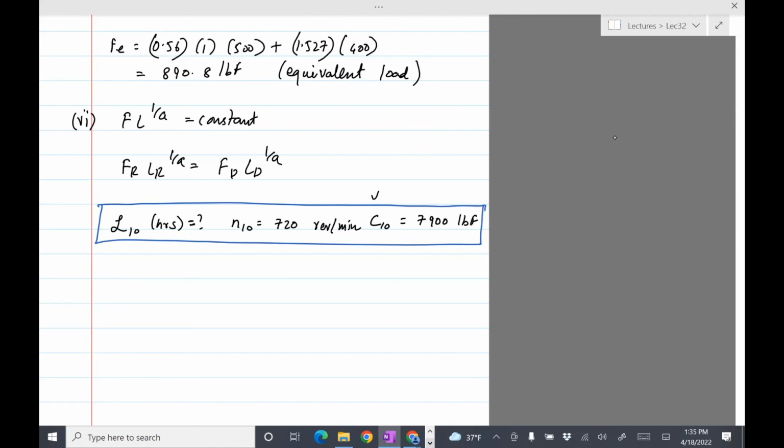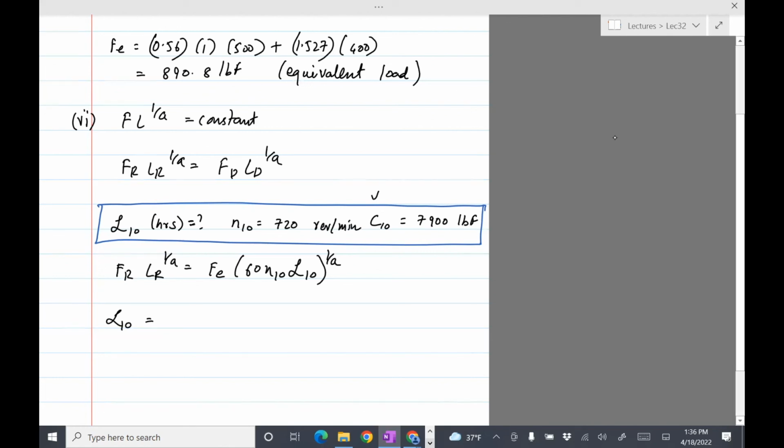We have FR, LR equals, now I'll substitute for FD, I'll put FE. And since we're given the L10 life, we'll just put 60 and 10, and 10. So in this case, we're interested in computing L10.